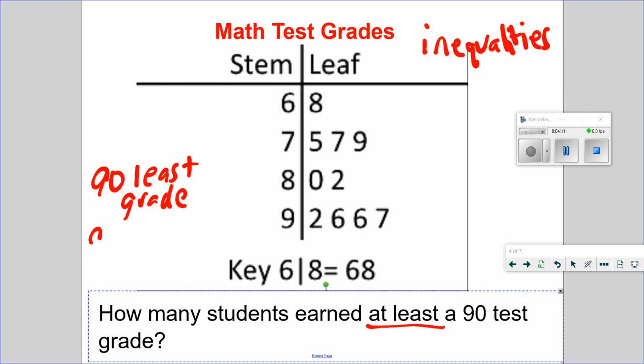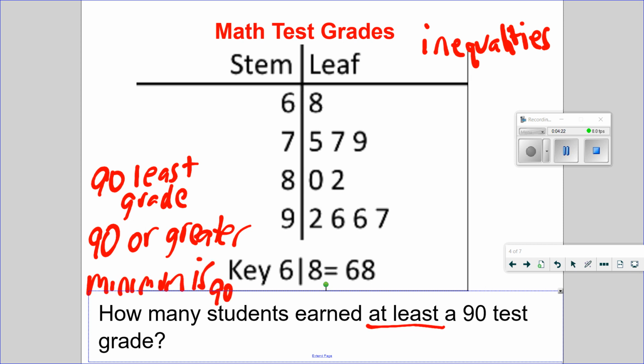So that means they received 90 or more, or 90 or greater. Another way to say that is the minimum is 90. I see a 92, a 96, a 96, and a 97. So 4 students earned at least a 90 test grade.